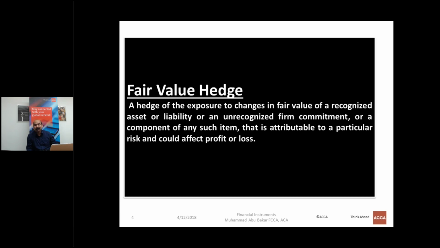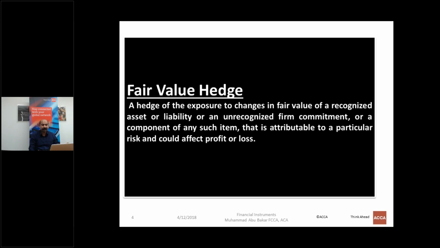In other words, you could get the loan at much lower interest in the future than you will be paying at the fixed rate of 2%. So this 2% fixed rate, you want to hedge it, and you enter into an interest rate swap to receive 2% fixed and pay, say, LIBOR 12 months plus 0.5%. This is a fair value hedge. You tied the fair value of your interest payment to the market rates.